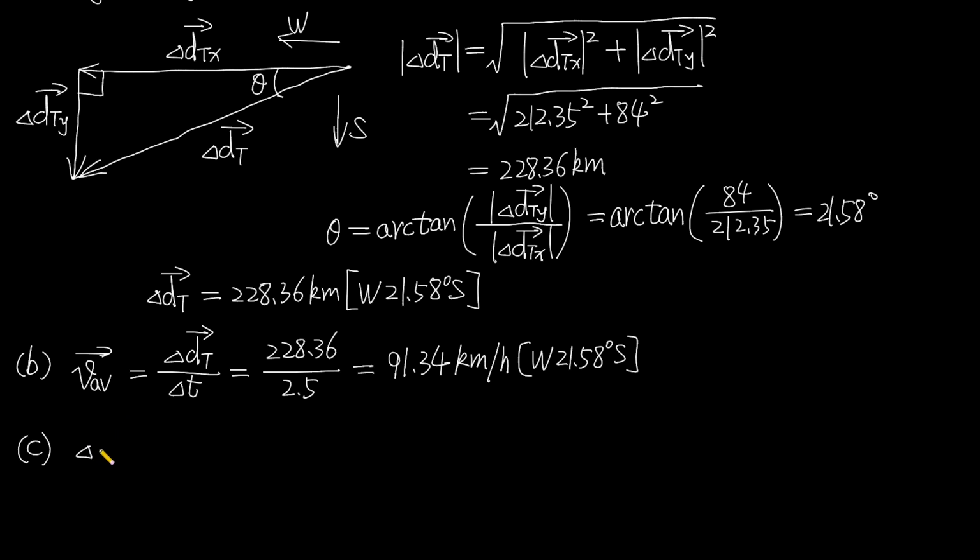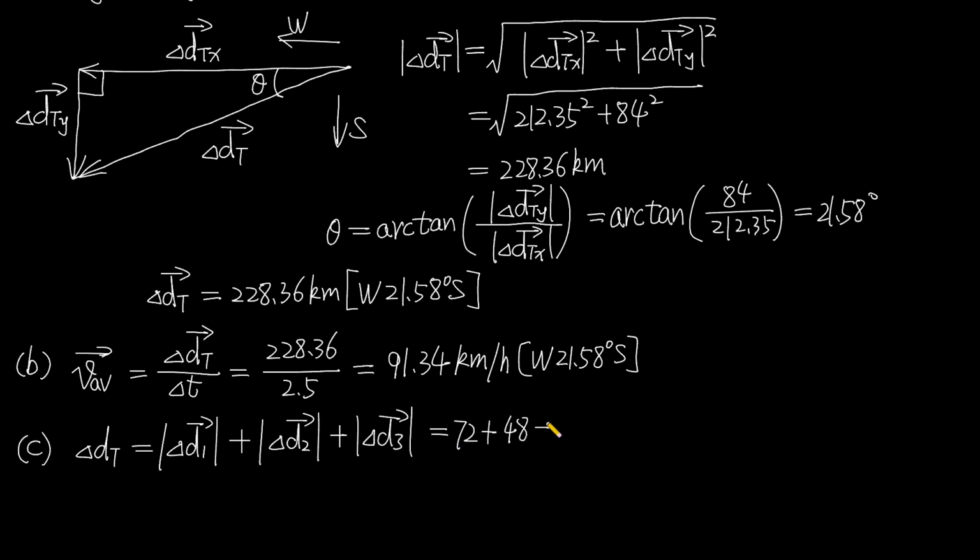So the total distance delta DT equals the magnitude of delta D1 plus the magnitude of delta D2 plus the magnitude of delta D3, and this equals 72 plus 48 plus 150 and equals 280 kilometers.